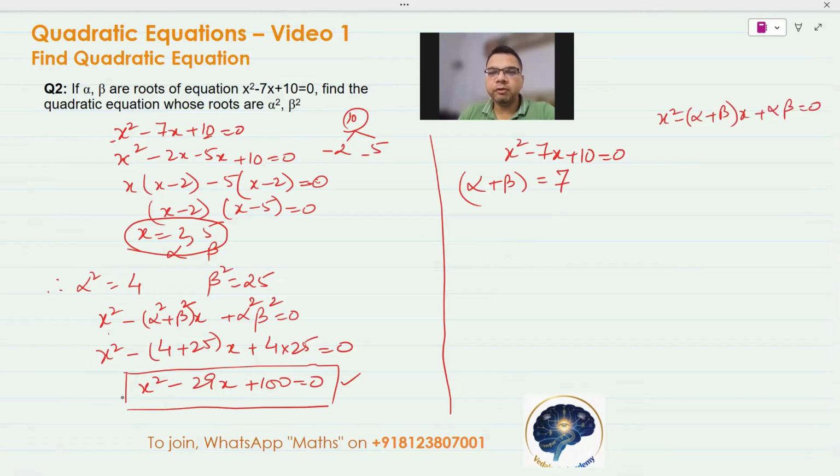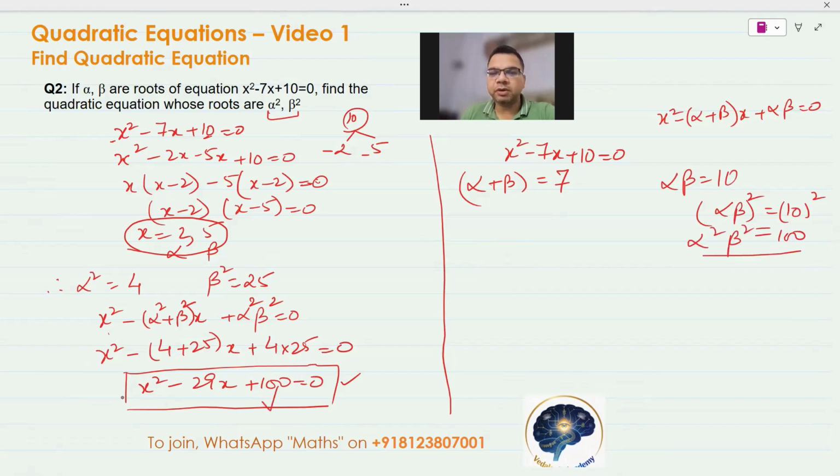So we know alpha plus beta is 7, and we also know alpha beta is 10. So now to find the equation, I need the sum and product of alpha square and beta square. So product is very easy, right? Alpha beta whole square equals to 10 square, which is 100, and it becomes alpha square and beta square.